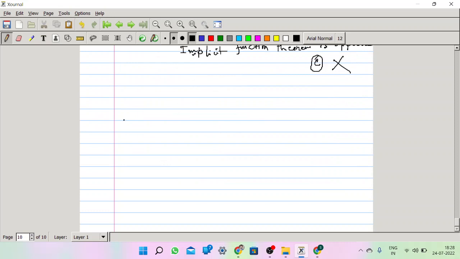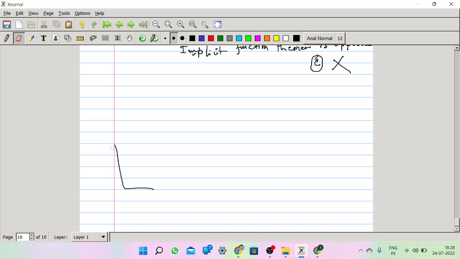Now for option D, I will check the same properties, but option D says that x can be expressed as a function of y in the neighborhood of minus 1 comma 1. I already checked that minus 1 comma 1 is on the curve.